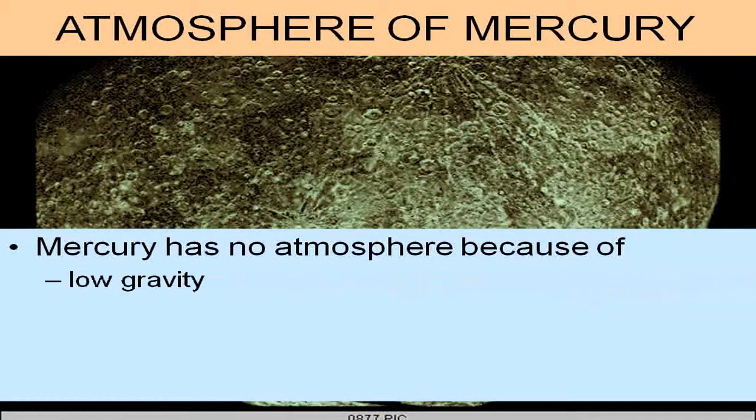Mercury has no atmosphere because of its low gravity, only 40% that of Earth, and its high temperature in the daytime. So any kind of light elements, any kind of volatile elements, any kind of lighter gases will be long gone because they'll be given enough energy to escape the weak gravity.